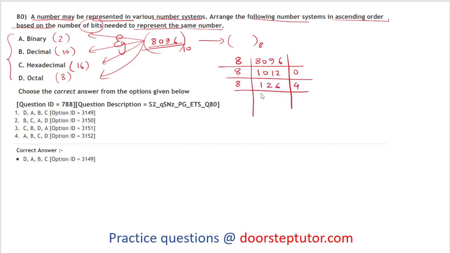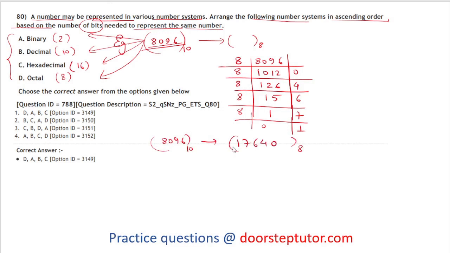Again divided by 8, that will be 15 and the remainder is going to be 6. Divided by 8 again, that will be 1 and the remainder will be 7. Now we cannot divide 1 by 8, so that will be 0 and the remainder will be 1. So 8096, that is in decimal, can be written in the octal format as 17640. This is our octal representation.